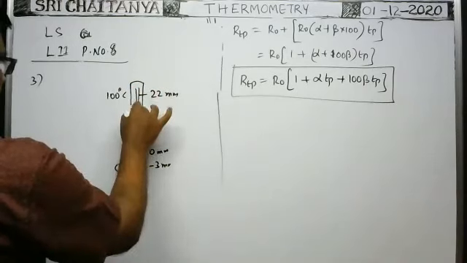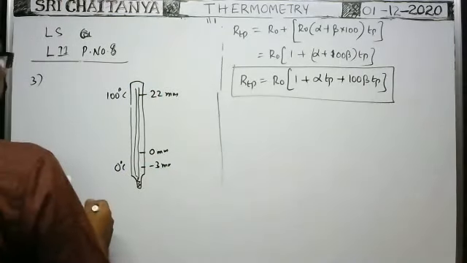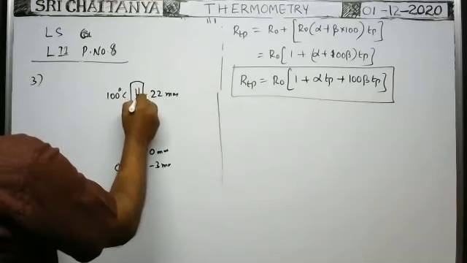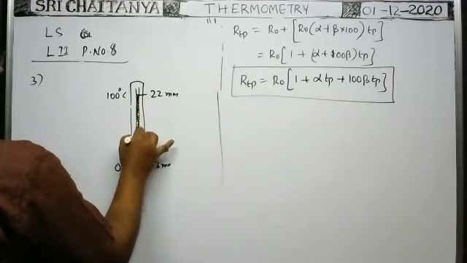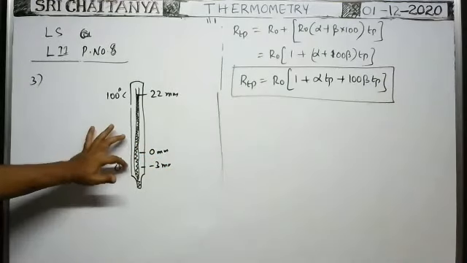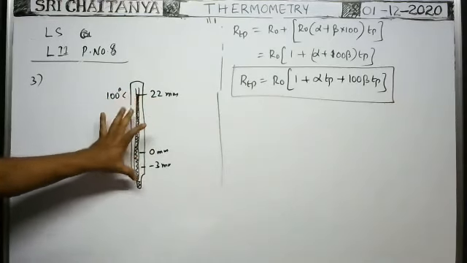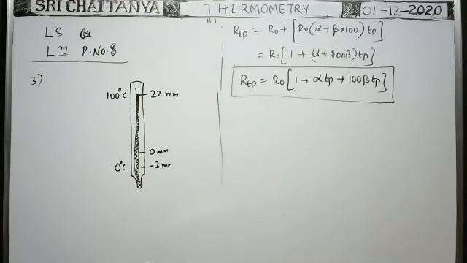Of course, here is the mercury level. So at 100 degrees centigrade, the mercury level rises up to this one, so that the length of the mercury column is 22 millimeter. That means the length of the mercury column is given. Okay. Now, the temperature in degrees centigrade when the thermometer reaches 13 millimeter.